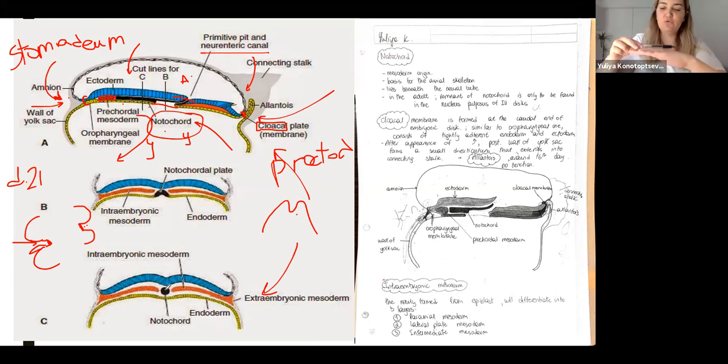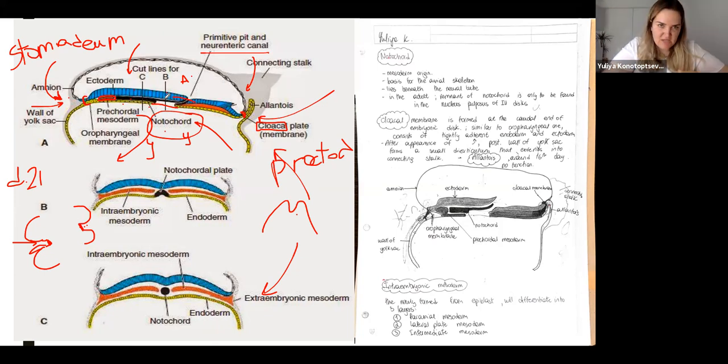So every time you do a cross section, you will always see the notochord as a dot. But you can only see the notochord as a line if it is a mid-sagittal section. You can see I'm touching my pen, so it is a mid-sagittal section right here.